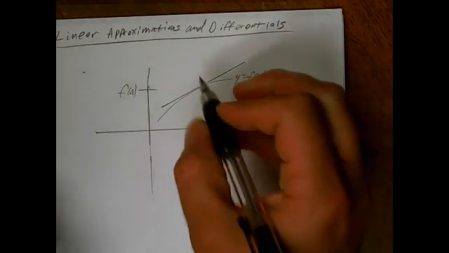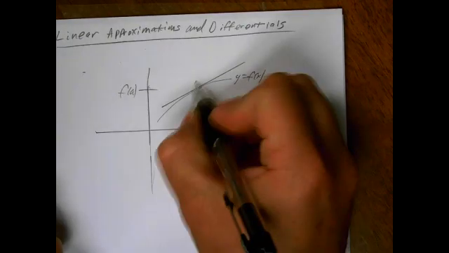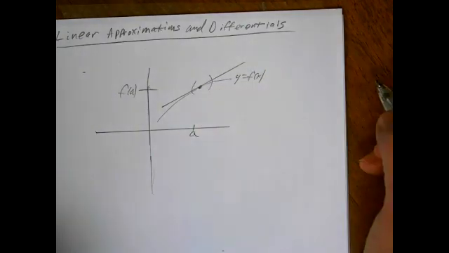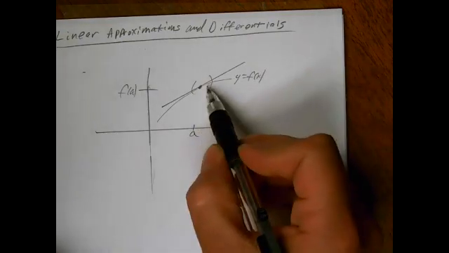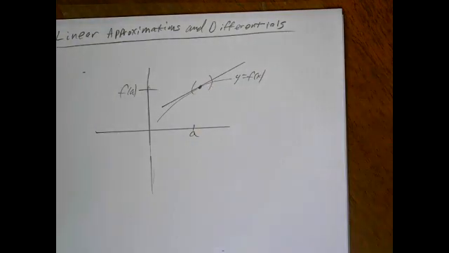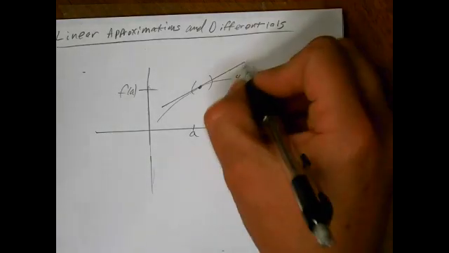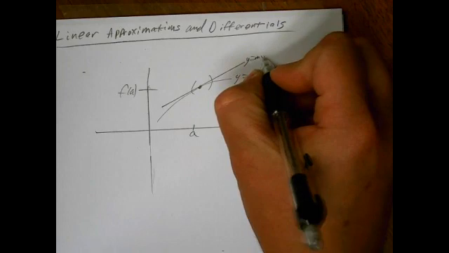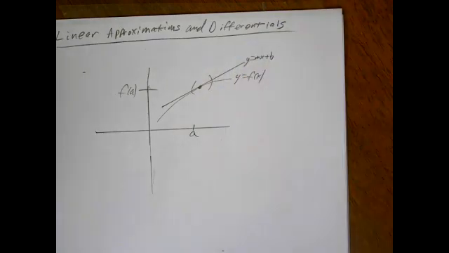Now, by hand I can't illustrate this very well, but if you were to stay close to a as far as x values are concerned, if you were to zoom in on that region, what you would discover is that the line, and for this moment I'm going to call that y equals mx plus b, would do a decent, a fairly good job of approximating the function values.